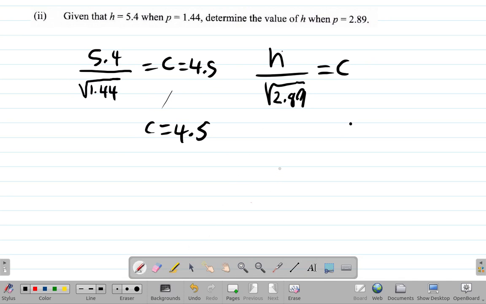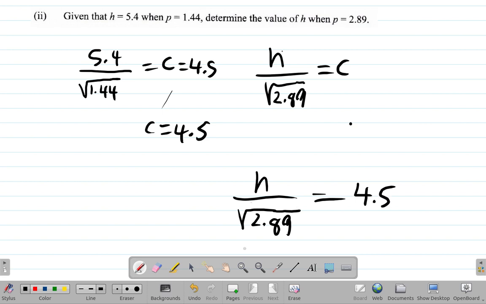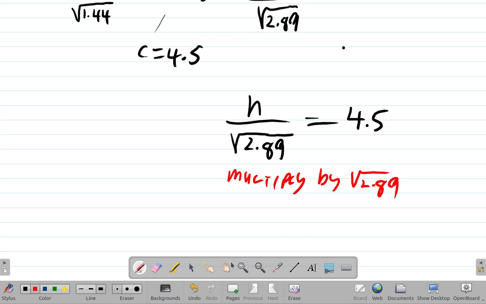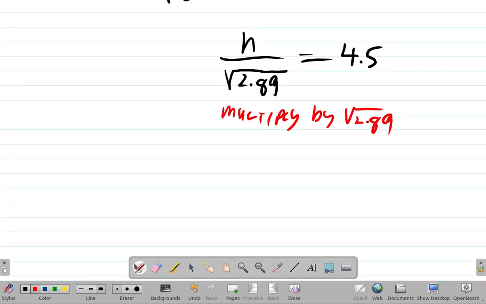So here now, we can rewrite this and say H divided by the square root of 2.89 equals 4.5. You see that? One thing you do now is you multiply by the square root of 2.89. Alright?